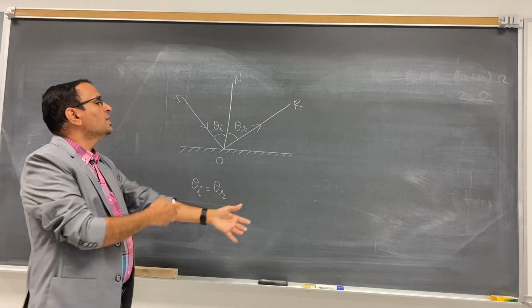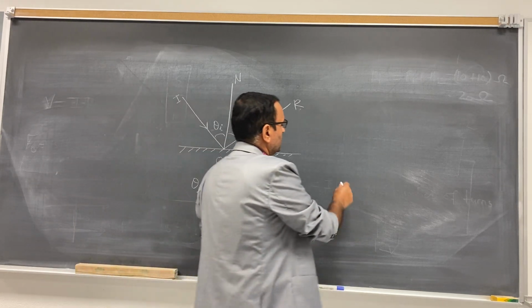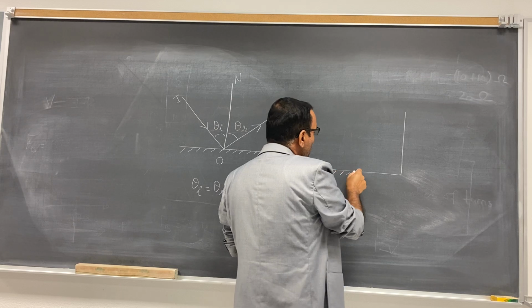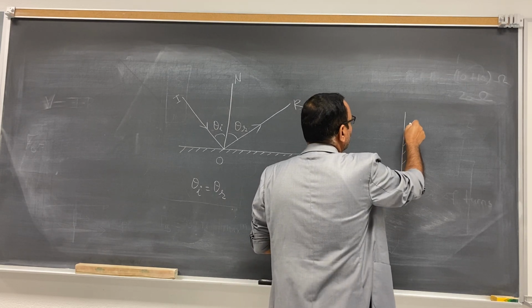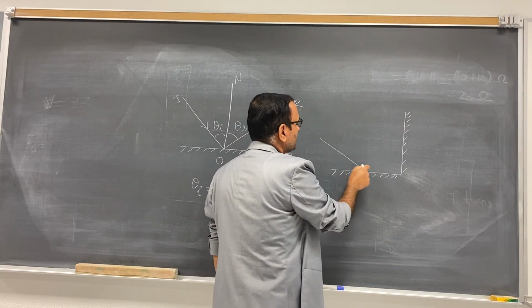Then you can think also like this. Let us suppose you have two plane mirrors. The ray is coming like this.